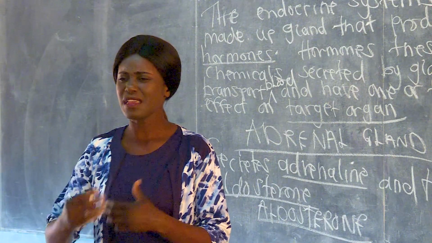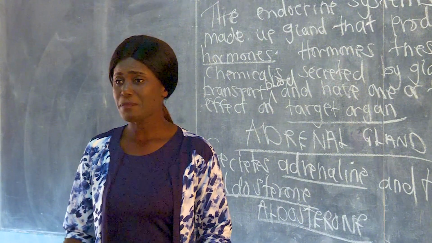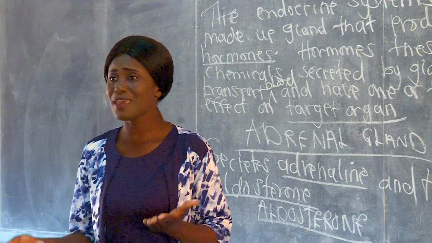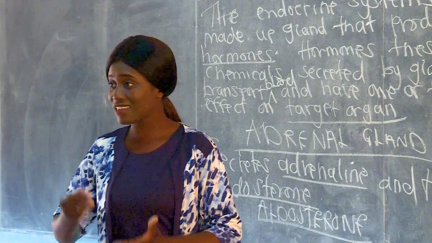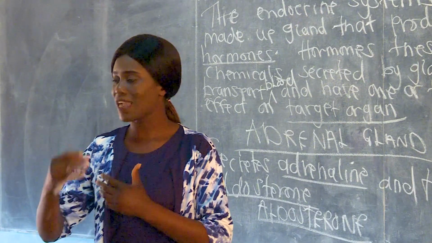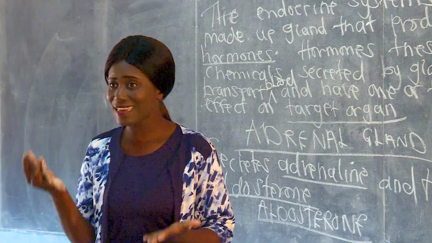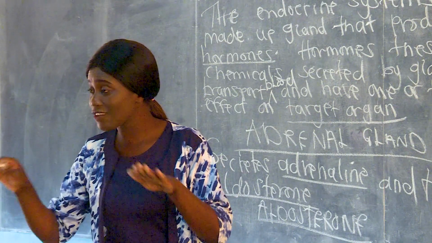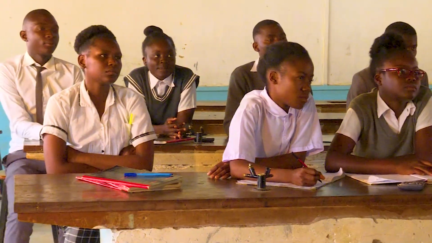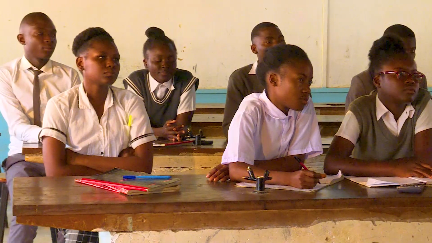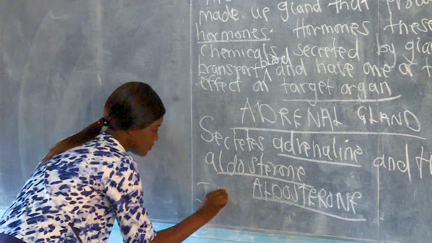So I can just simply say that aldosterone plays a very big role in the maintenance of the salt levels in our bodies. But the target organ which it works on is the kidney. So the kidney and aldosterone work hand in hand to maintain the salt levels in the body. And this one is secreted only when salt levels are what? Very low.